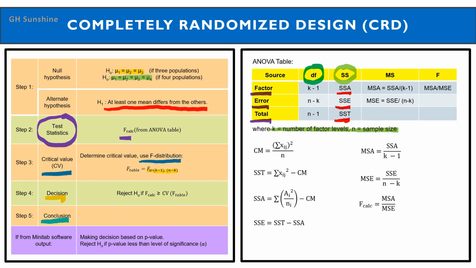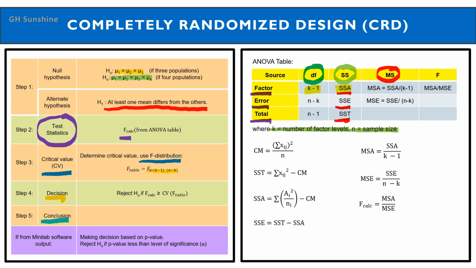Next is to calculate the mean square. There are two values, MSA and MSE. MSA is calculated from the SSA value divided by the degrees of freedom for the factor, which is k minus 1.